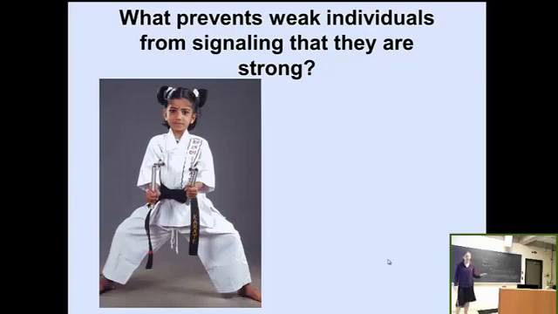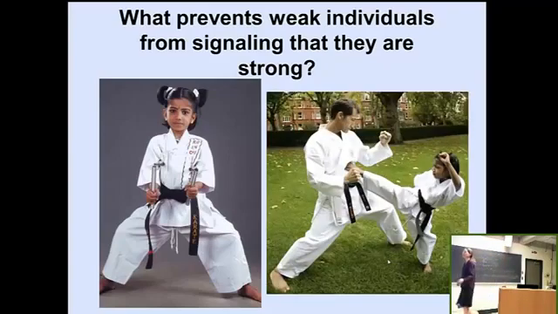One popular explanation is the idea of social costs. The idea is that if you signal that you're strong and you're not actually strong, you're going to either receive more aggression than you normally would, or be attacked by other strong individuals, and this is so costly that it's not advantageous to signal inaccurately.